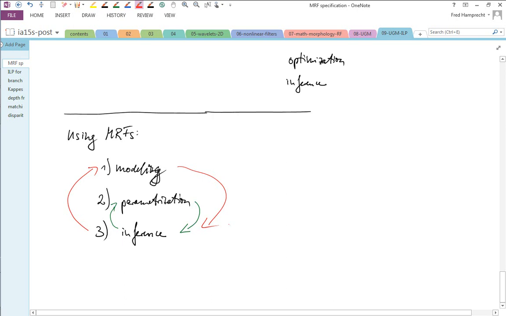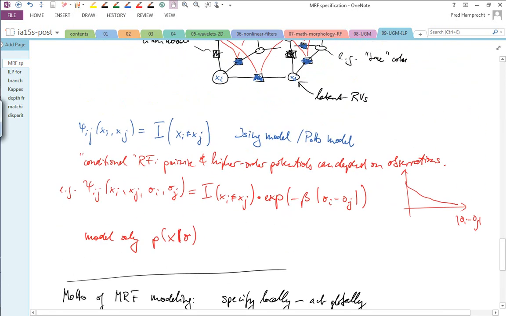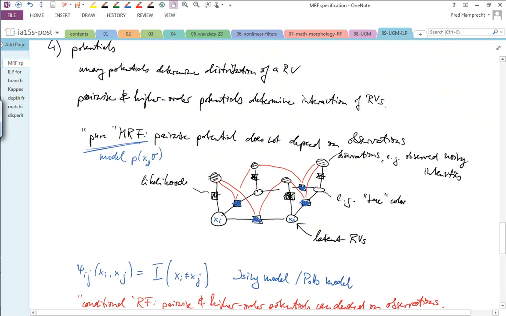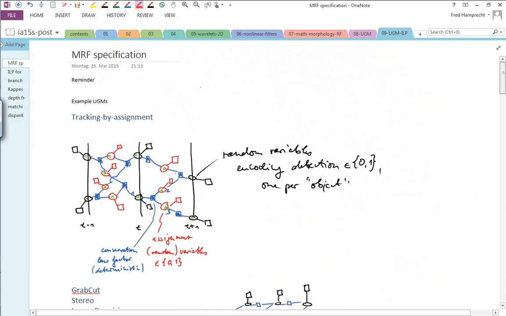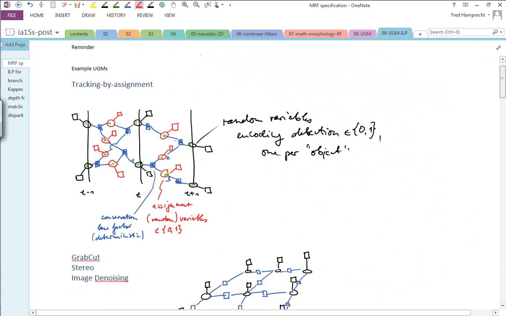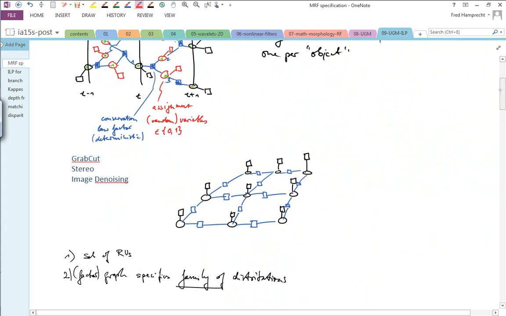But this is typically an iterative procedure, which I'm trying to indicate here with these arrows. Okay, so this is formally how you specify a Markov random field in a few steps. And then depending on these choices you make, you can end up with these examples we've discussed: a tracking by assignment model, or a grab cut, or a stereo, or an image denoising method.